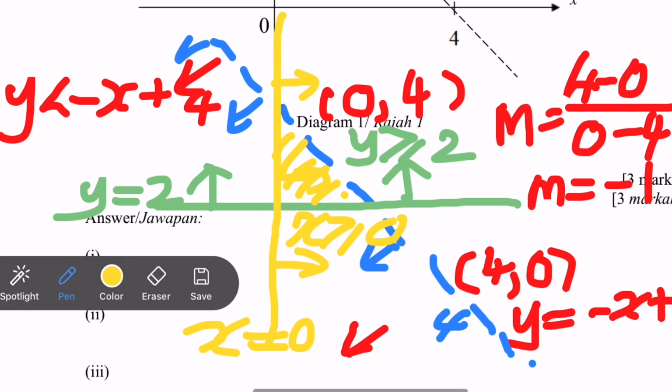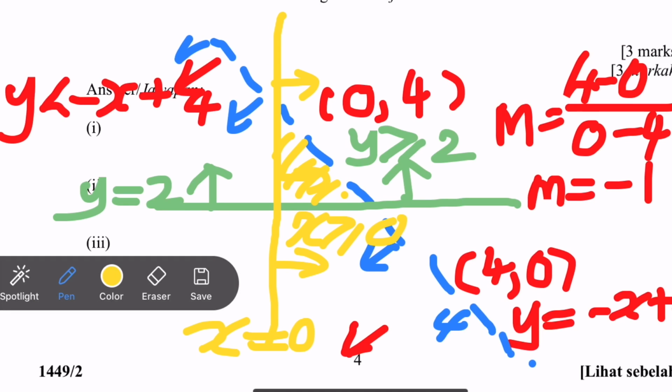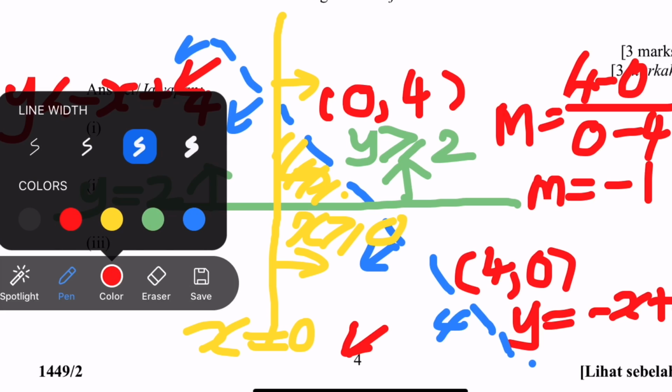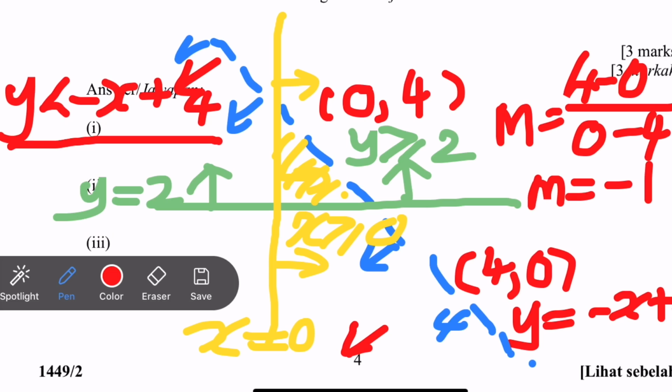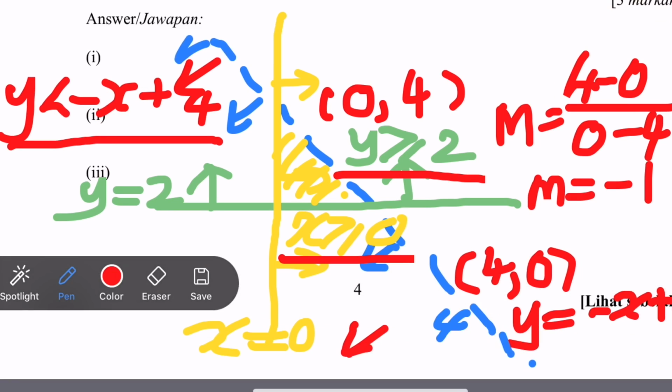So we have three inequalities for the shaded region. We have to list down all three inequalities in the answer space, so you write your answer in the answer space during the SPM exam. I'm sure many of you can do this, because you understand shaded region is based on positive y as our reference.